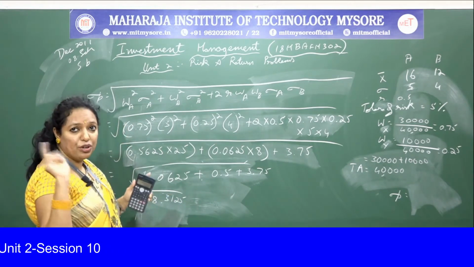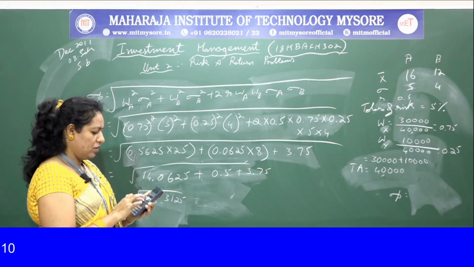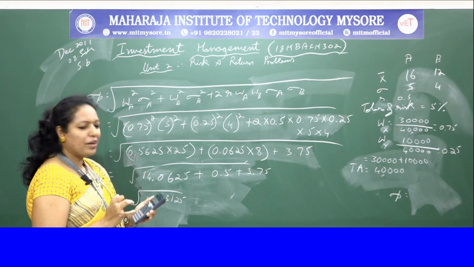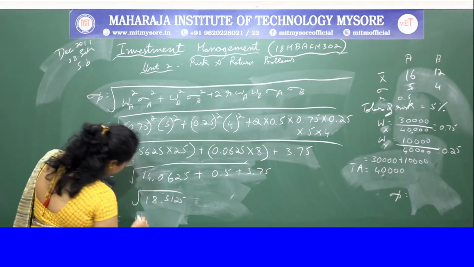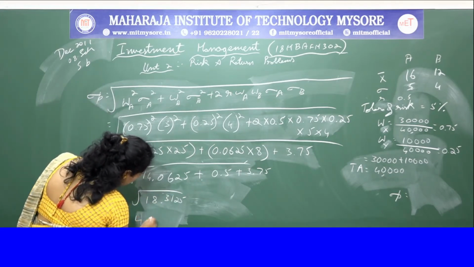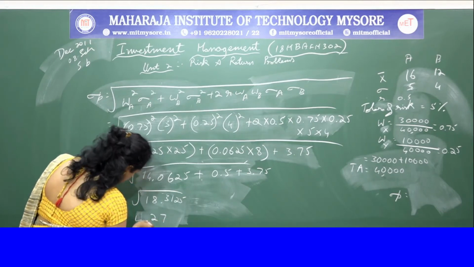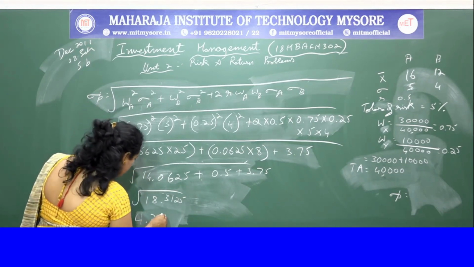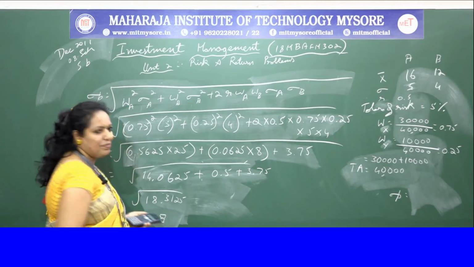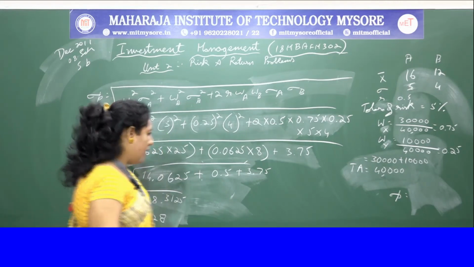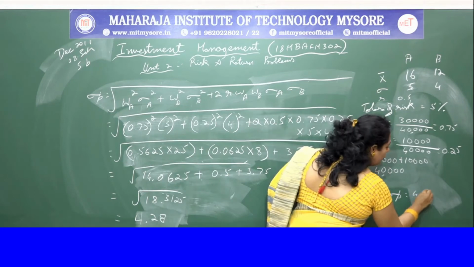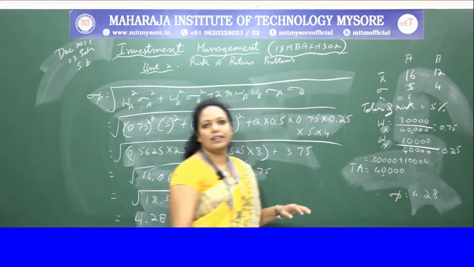For this we need to do the root. Don't forget to do the root. Root of the answer, you get 4.27, you can say 4.28. Okay, so the answer you are getting is 4.28.